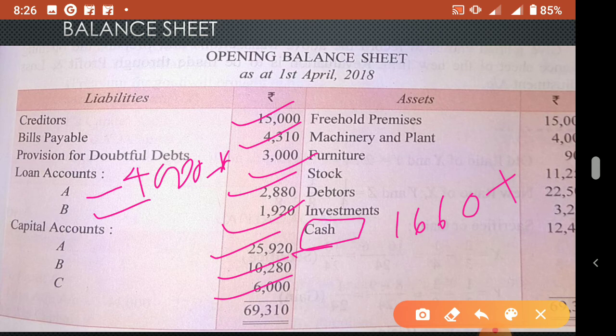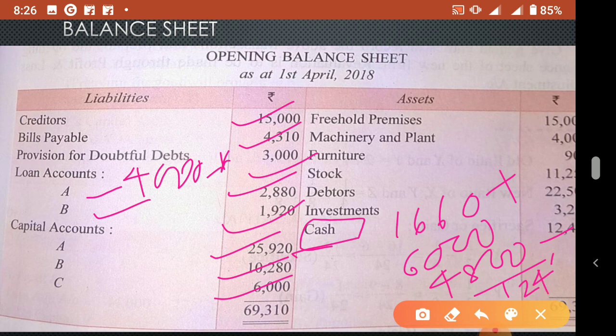So if you prepare the cash account, cash will increase. The new partner brought 6,000 capital plus 4,800. This you can write in the working note. So when you add this you will get 12,460. So this is the new cash balance.